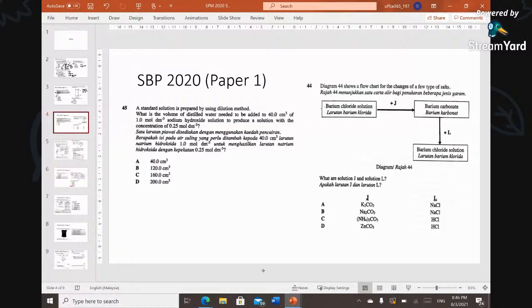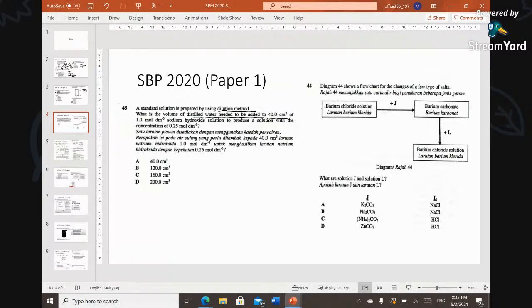What is the volume of distilled water needed to be added? I purposely put in this question because I want to show a careless mistake that is always made by students. What is the question asking? What is the volume of distilled water needed to be added to 40 centimeter cube of 1 mole per dm cube sodium hydroxide solution to produce a solution with 0.5 mole per dm cube.